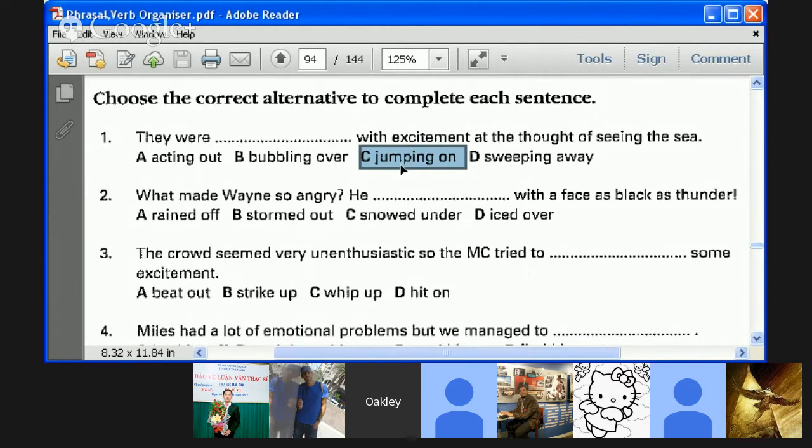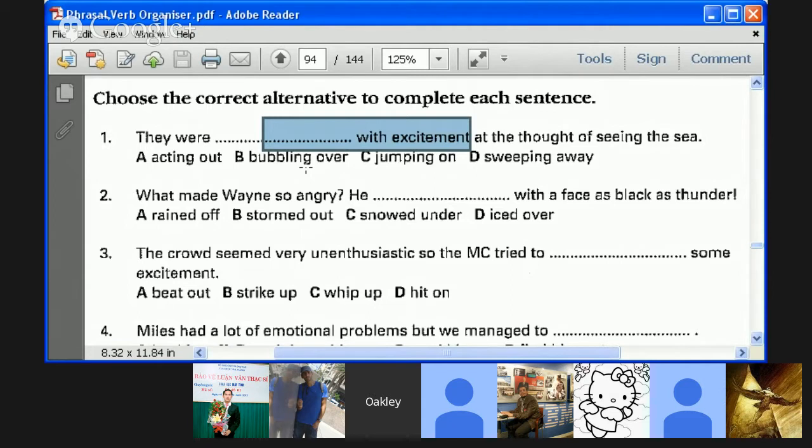Bubbling over. Yes, bubbling over, it's very good. They were bubbling over with excitement at the thought of seeing the sea. Bubbling over with excitement. The entire phrase is a common collocation. Usually bubbling over with excitement, bubbling over with enthusiasm, usually very positive.